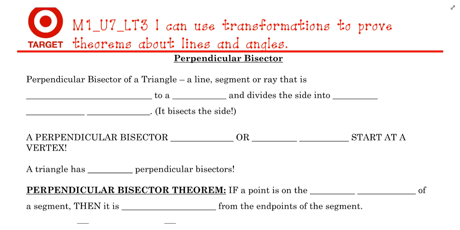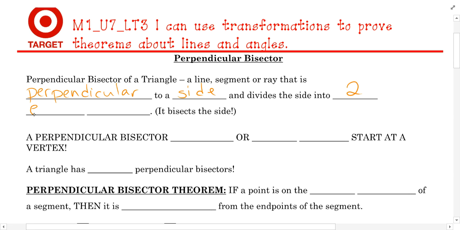So the perpendicular bisector of a triangle is a line, segment, or ray that is perpendicular to a side and divides the side into two equal halves.